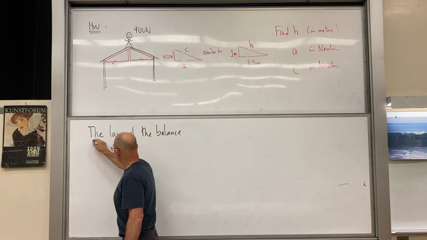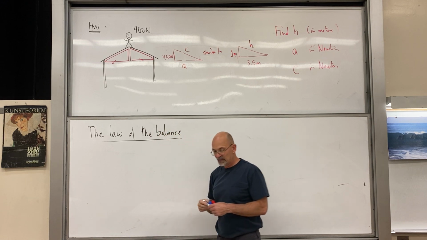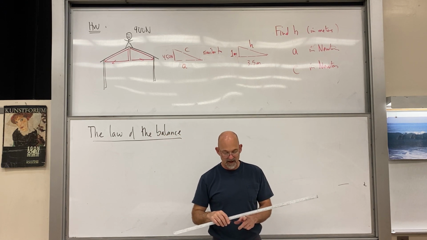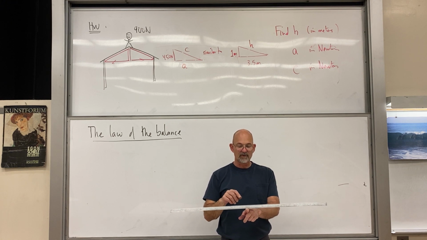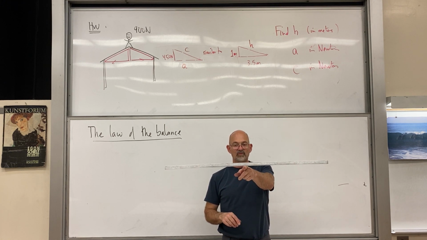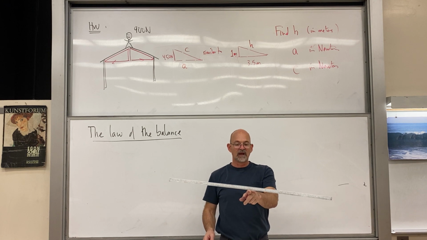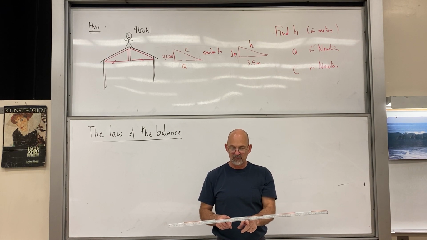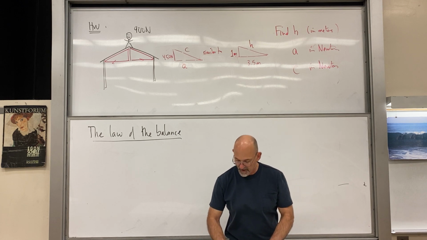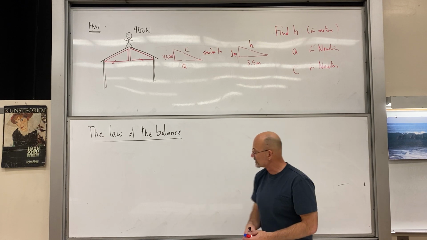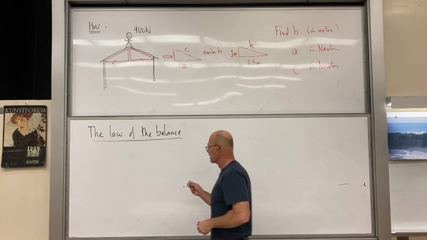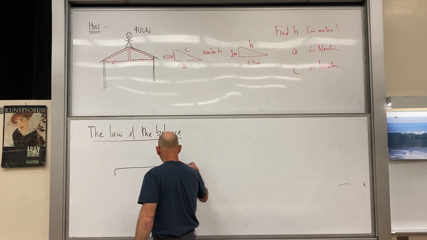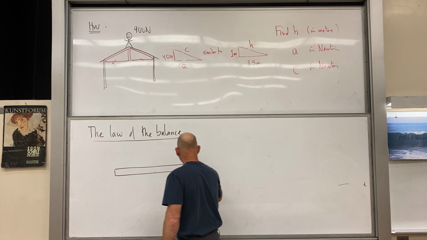Balance. And I always have a ruler with me, and we're simply going to imagine, I'll do this next time, we have a string around here, and I have a balance beam. If you want to build one, we'll do that later. Let's just talk about this abstract law of the balance. So you have a balance, some kind of beam here, a meter stick.